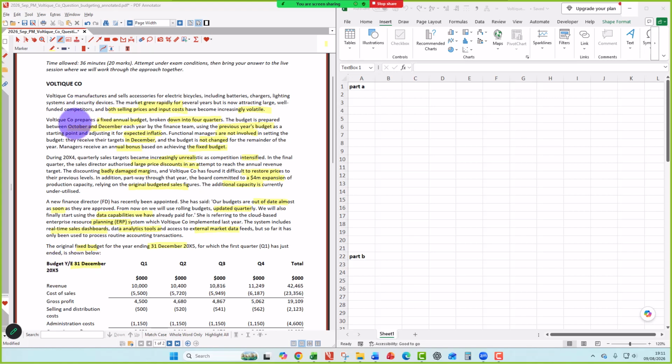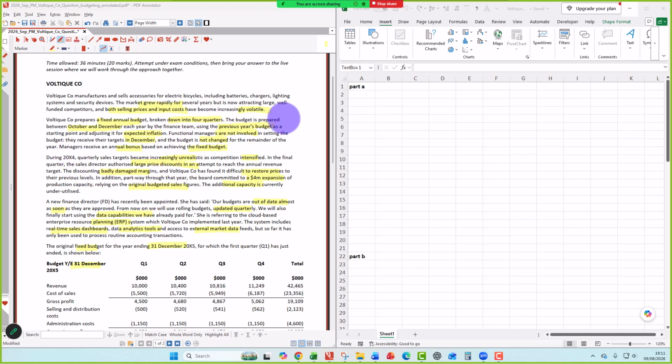So they're starting to do their budgeting process in October based on the previous year's budget, not even the previous year's actuals. So any issues with the previous year are carried forward into the next year. So that's a key thing to pick up there, that they're basing it on budget. So each year the budget will probably get further and further away from actuals, and that's a real problem with this form of budget setting.